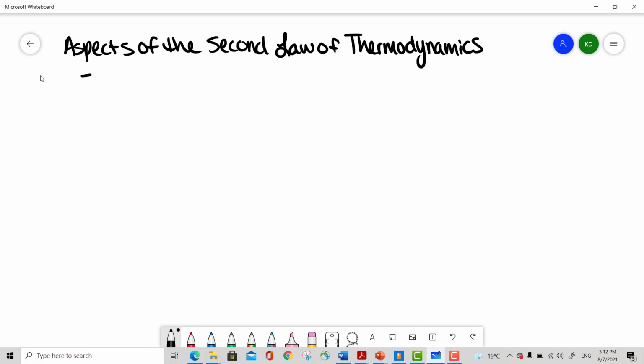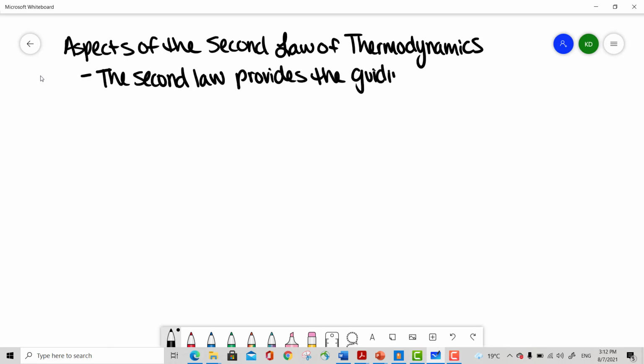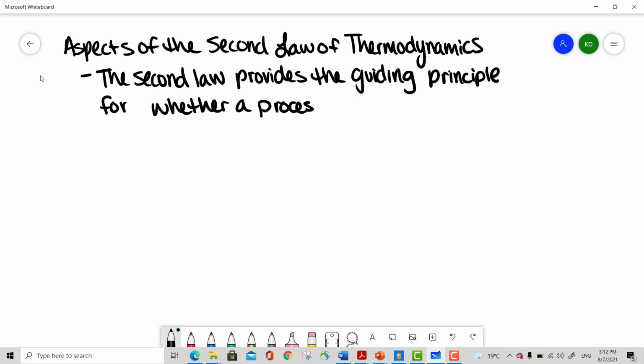So let's go ahead and write that. Second law provides the guiding principle for whether a process can occur.